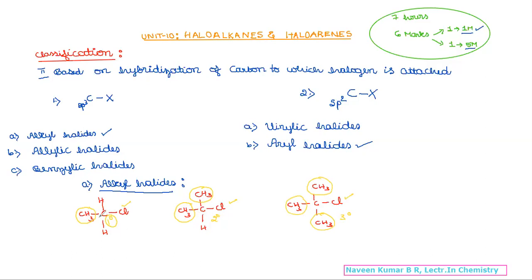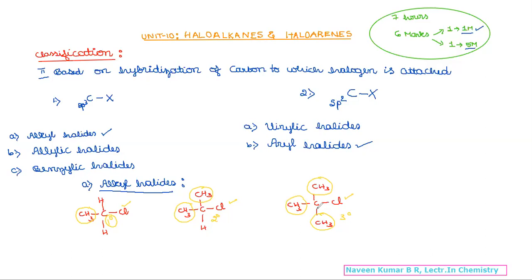As it contains two carbon atoms, it is primary ethyl chloride, or you can simply call it ethyl chloride. Here you can consider a propyl group, it is secondary, so hence isopropyl chloride. Here you can consider isobutyl chloride or tertiary butyl chloride.